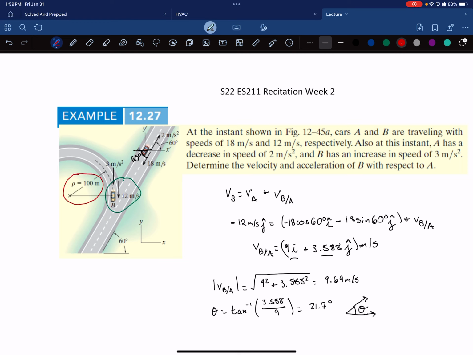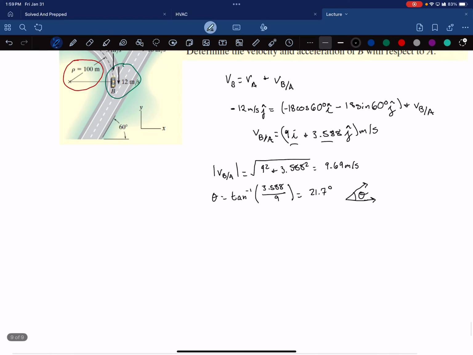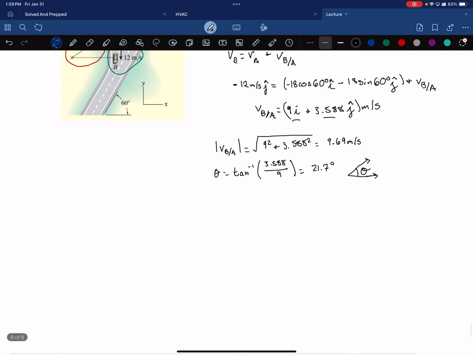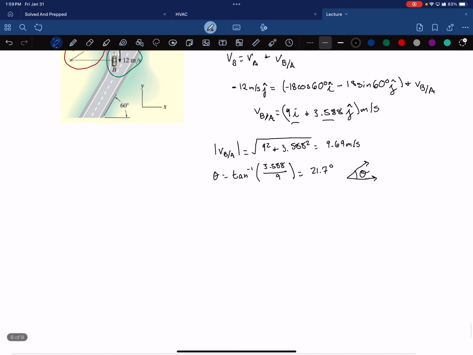So again, we're going to also have some normal component to that acceleration. So I'm just going to write out the accelerations of each car first.